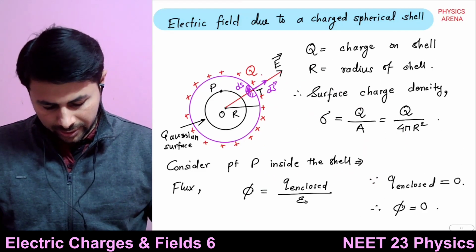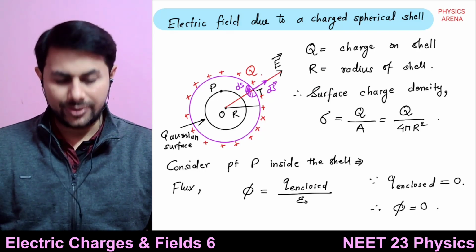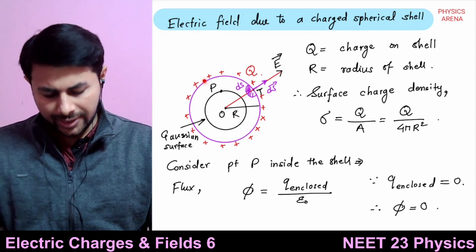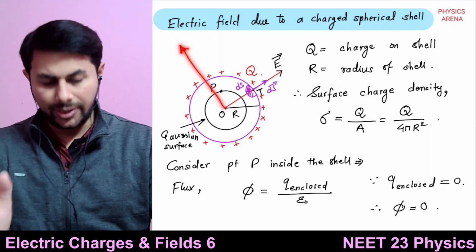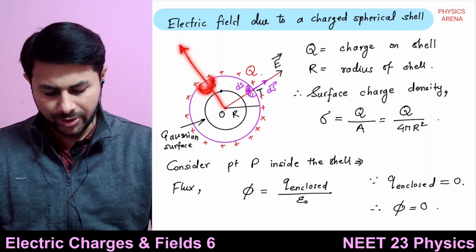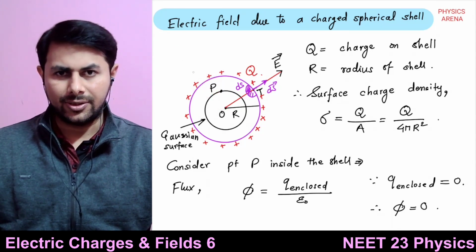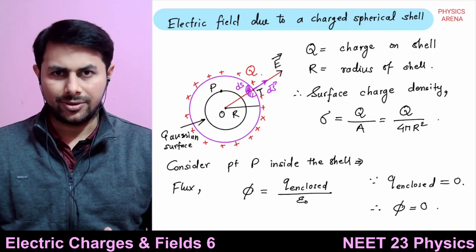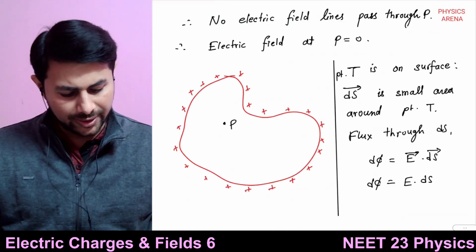Now this point T on the spherical shell is not special. You can take any point anywhere on the spherical shell. For any such point, the electric field will be directed radially outwards through the point. And if you take any area around that point, then the area vector and the electric field will be directed in the same direction. So the electric field on this surface is constant in magnitude. It has different direction, but it is constant in magnitude, right?